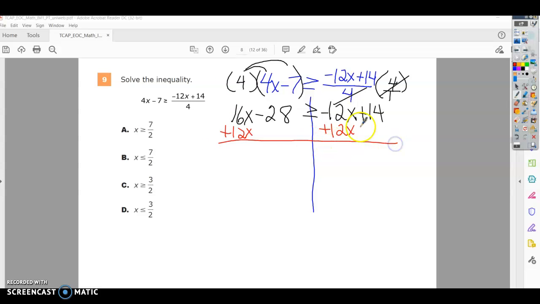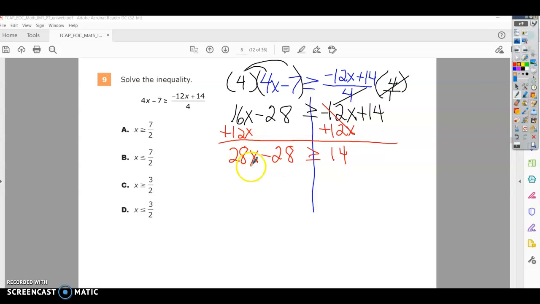Now you could also choose to subtract the 16x, but I like to try to keep my variable positive as much as I can, and that way I don't have to worry about changing my symbol when I multiply or divide by a negative. So 16 plus 12 is 28x. Bring down the minus 28. Bring down the inequality. Negative 12 plus 12 cancel, and bring down the 14.